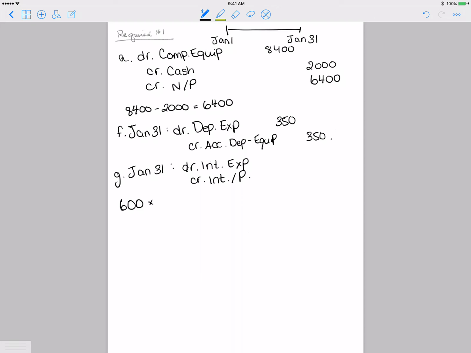So we're dealing with $600 over 12 months, and we're only looking at 1 month. So we divide by 12 and multiply by the number of months we're accruing, which is 1. That gives us $50, which is the amount of interest we now owe at the end of this month. That's for part A.